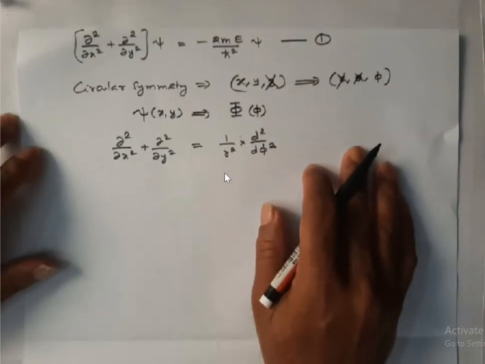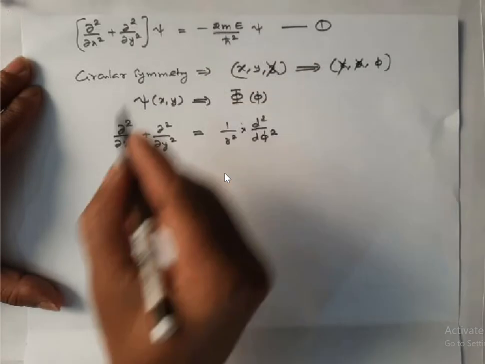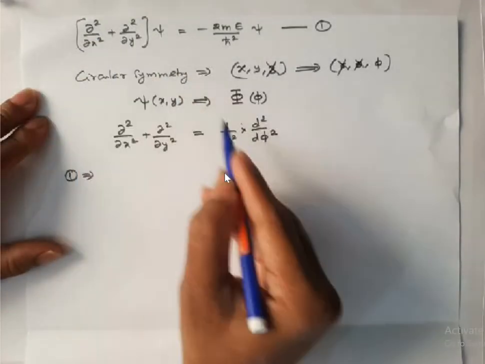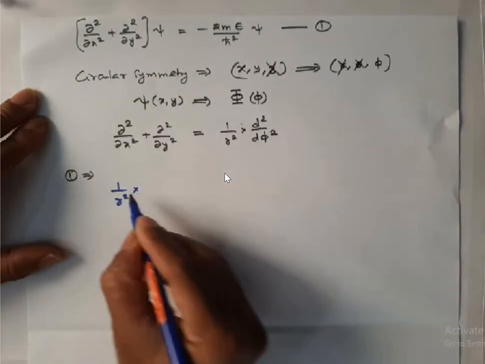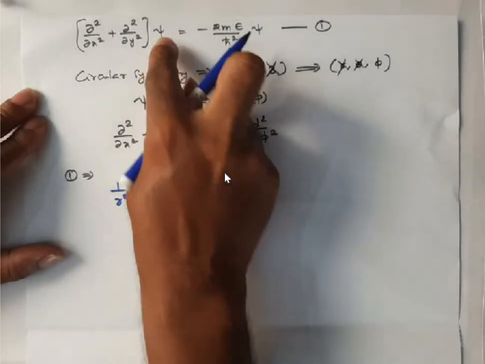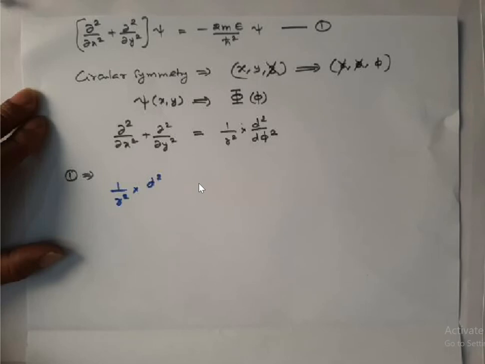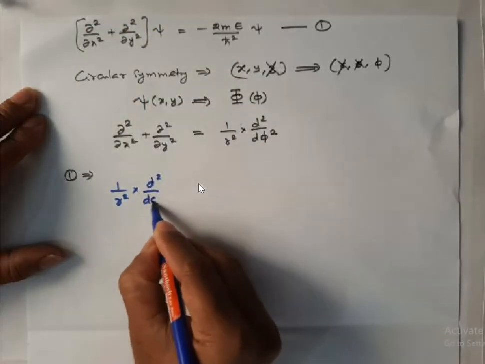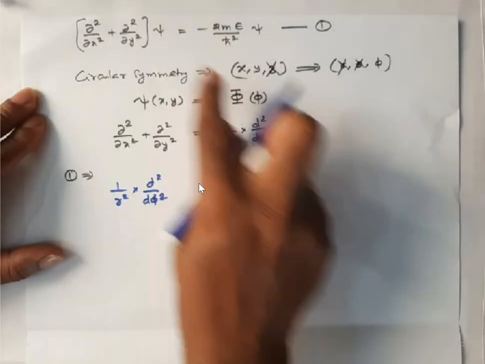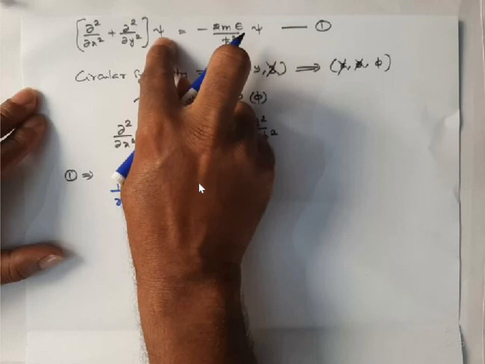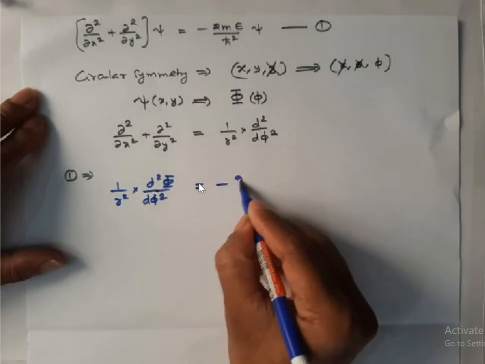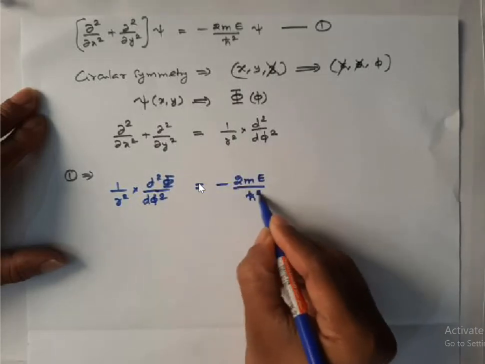So I'll substitute in equation 1. In the place of this operator I'll put 1 by r square into d square by d phi square, and in the place of psi I'll put big Phi. This is equal to minus 2mE over h bar square, again with big Phi in place of psi.